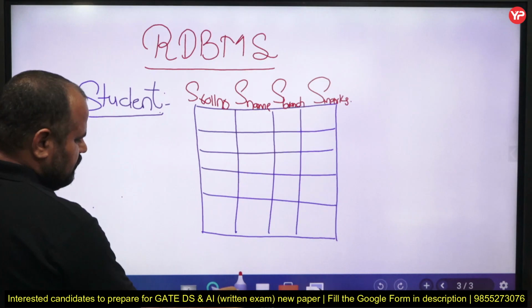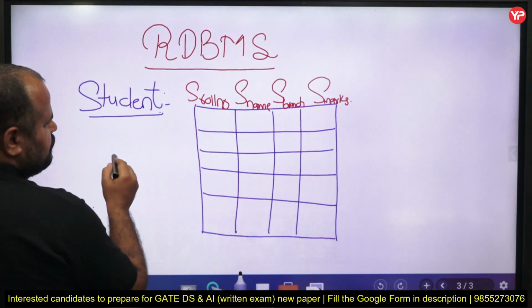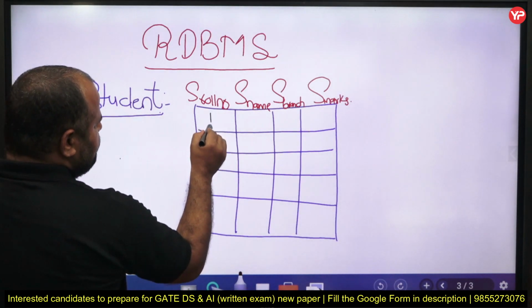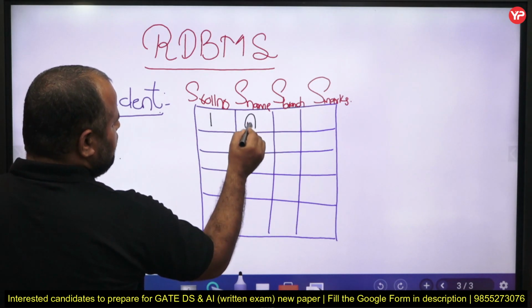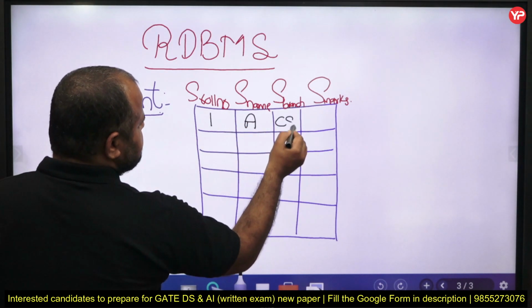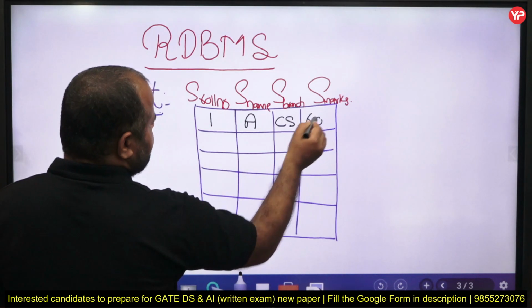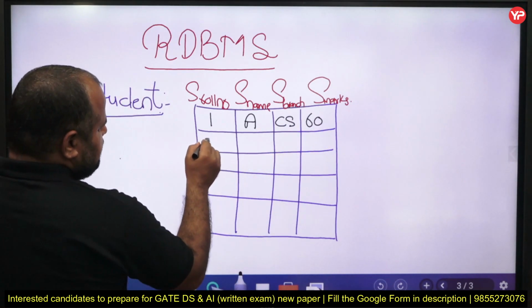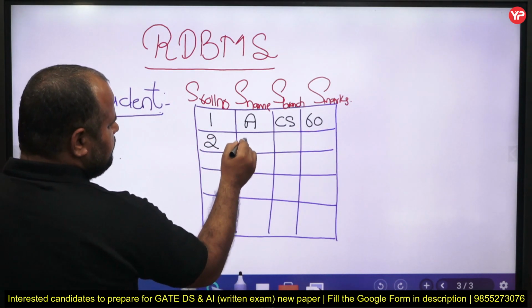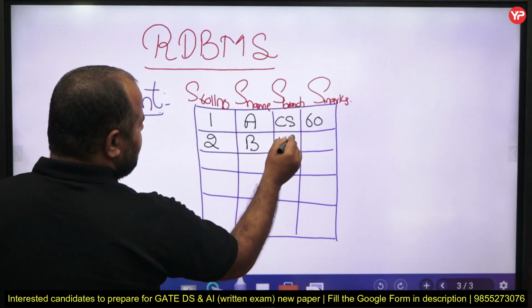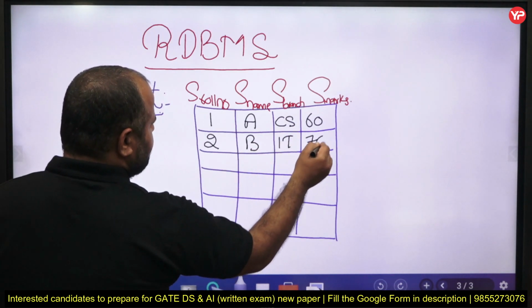Fine. So suppose the first student has roll number 1, name A, branch CS, and marks 60. Next, roll number 2, name B, branch IT, marks 70.